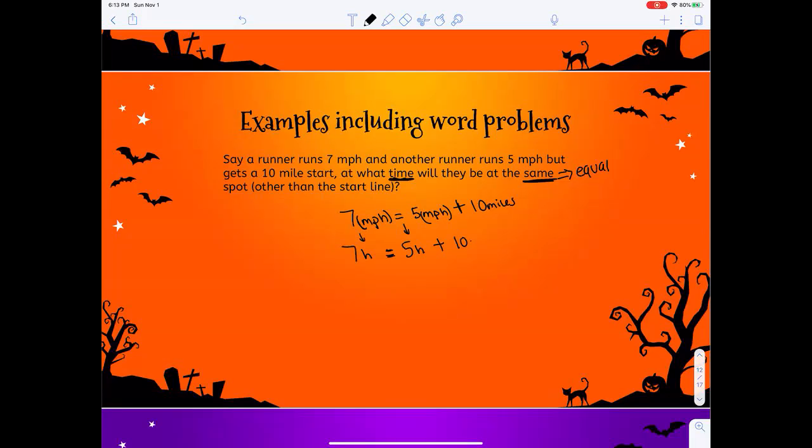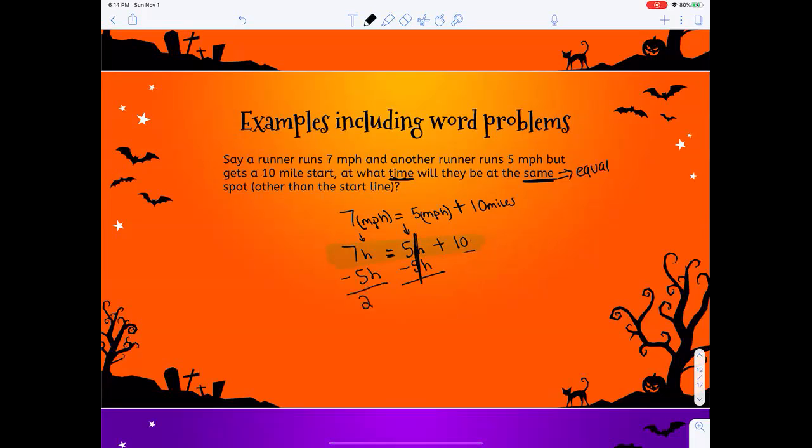So we have to solve for h, and we know how to solve for h. We've seen this. It's basically what we just did. We have h's on both sides, but we want to make sure that we have them on one side and we solve for that one h. So I have a 10 on this side, but I also have a variable h on this side. If I want to move them, I'll go ahead and move this 5h to the left. And by doing so, I subtract 5h on each side.